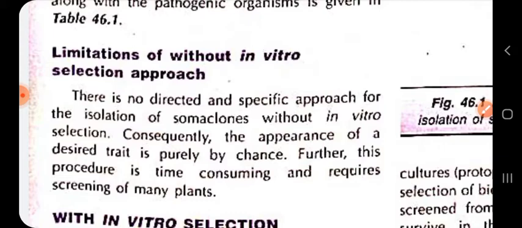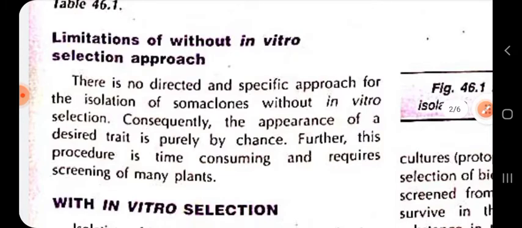Those plants are further grown and molecularly analyzed, like we do agarose electrophoresis and native PAGE, to check whether they are becoming resistant and are different from the mother plant or not.